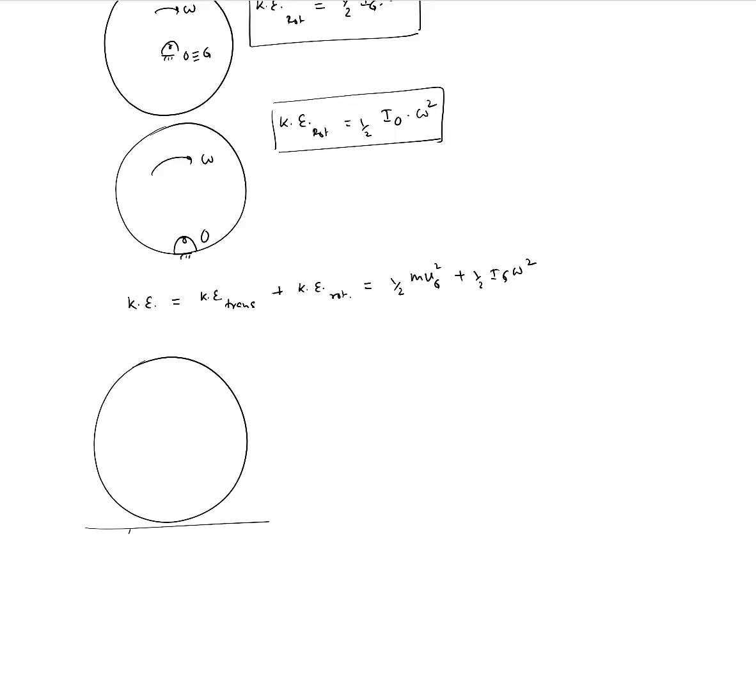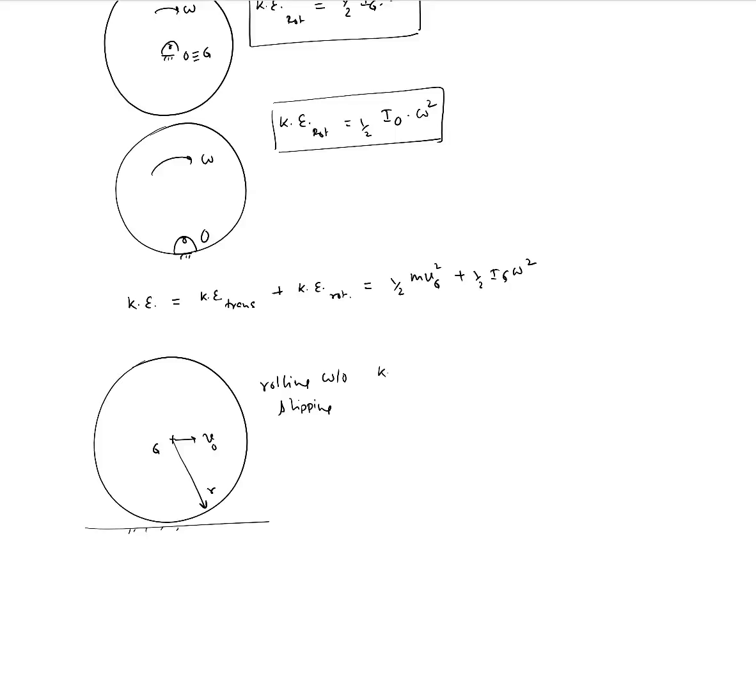So if I have a wheel that's rolling without slipping, and let's say we know the velocity of center of mass as, I don't know, V0, and its radius is given to you as r, then the question is, what is the kinetic energy?